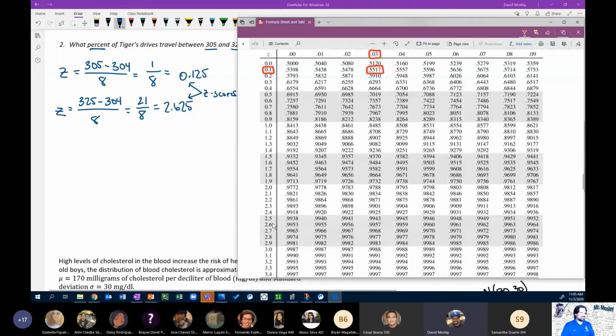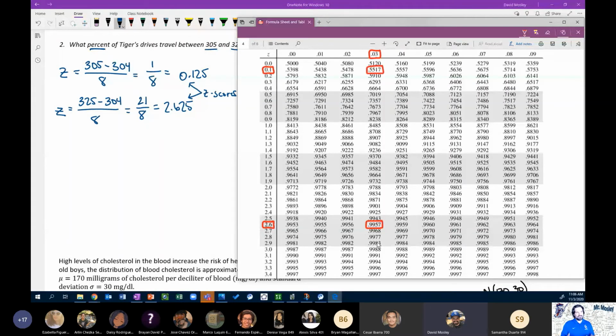So I find 2.6 as the root, and then the 3, and we get 0.9957 for the upper bound, right?